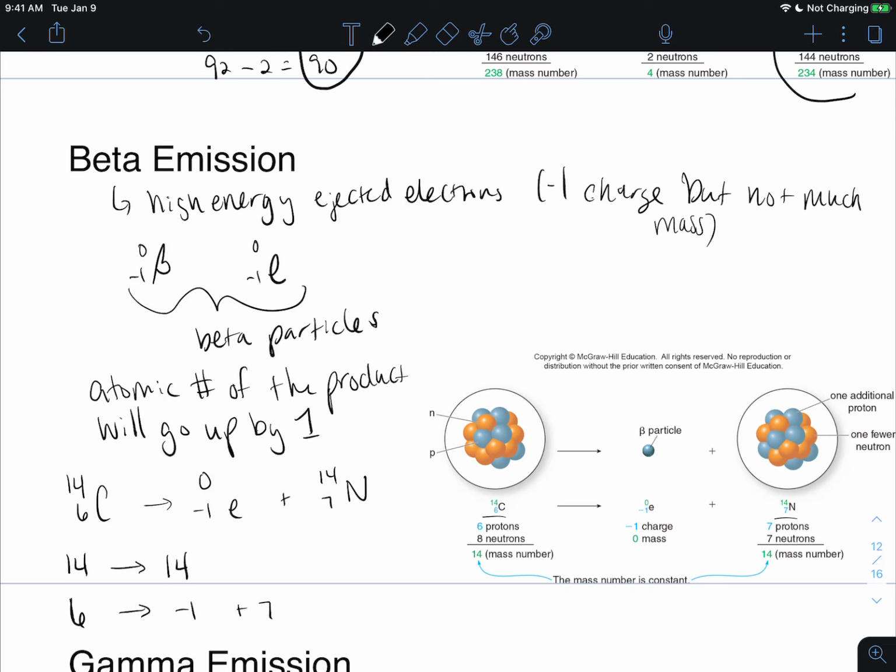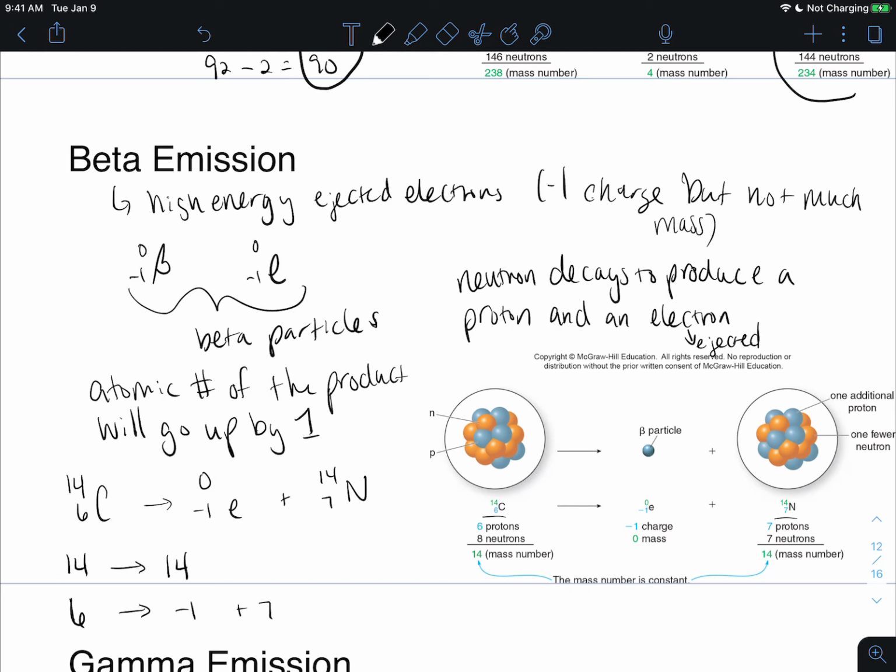We generally consider beta emission. What's actually occurring is a proton is being formed by the decay of a neutron. So in beta emission, a neutron decays to produce a proton, which attaches, and an electron, which is ejected.